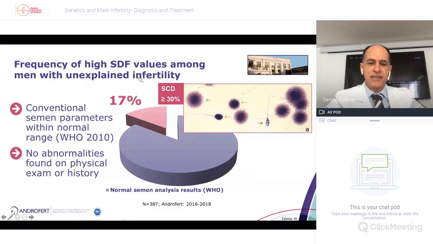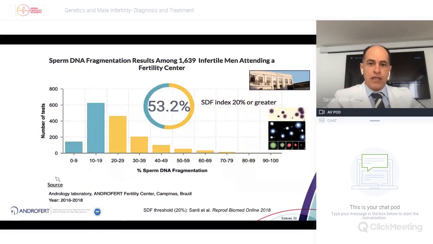So these patients have unexplained infertility. We cannot find anything on physical examination or history, but still we find high DFI, which means that the cause of infertility might be related to sperm DNA damage.